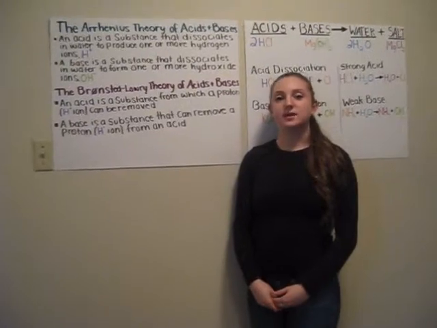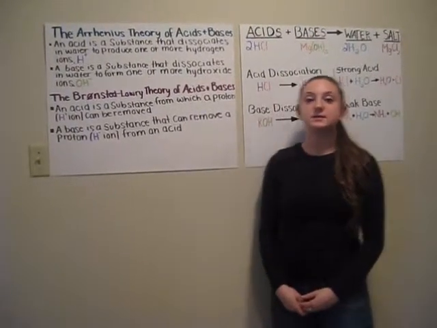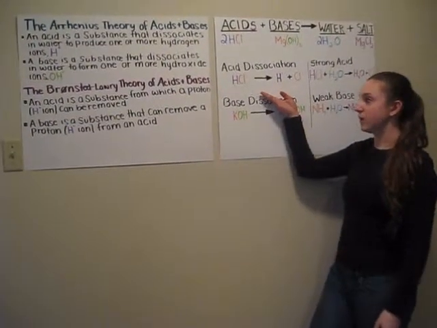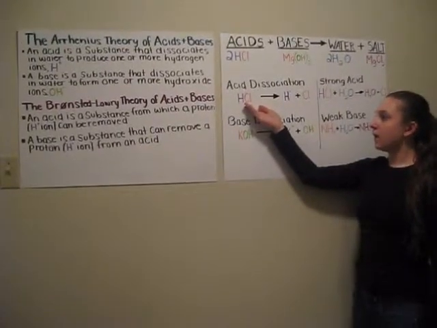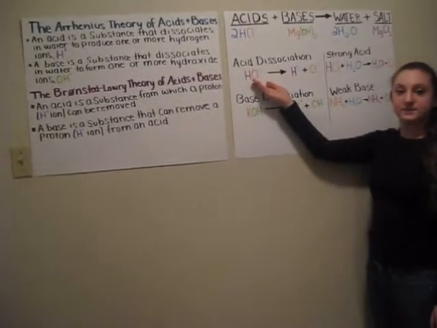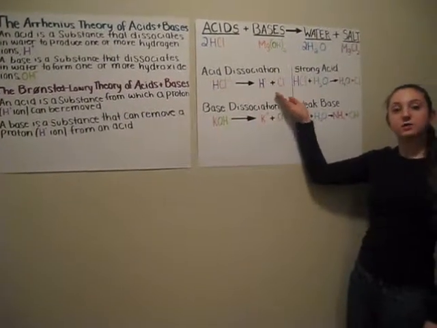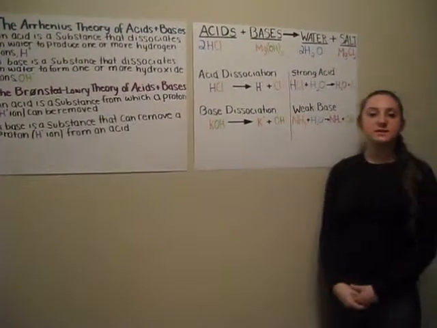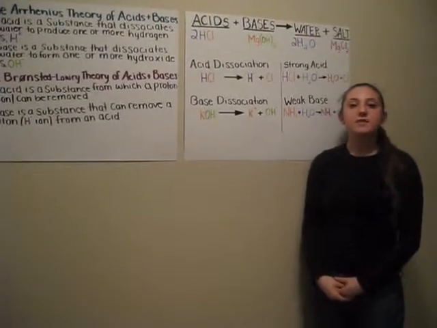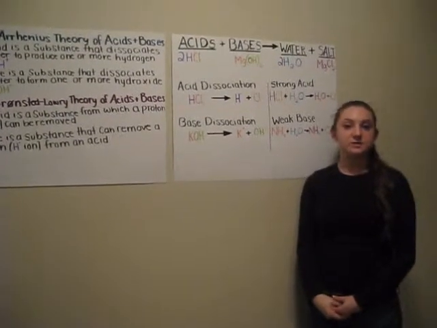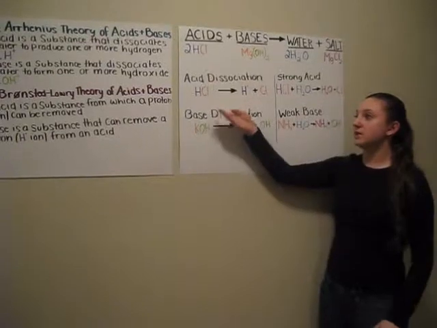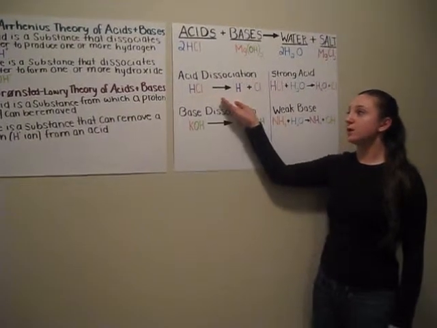Some problems with the Arrhenius theory of acids and bases can be exemplified with this simple equation. Hydrochloric acid, Arrhenius said, would dissociate in water to form hydrogen ions and chloride ions. When scientists examined this theory, they assumed that Arrhenius had taken into account the interaction that hydrogen chloride would have with water.